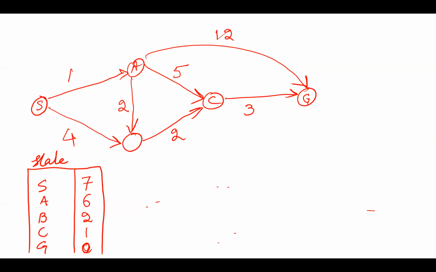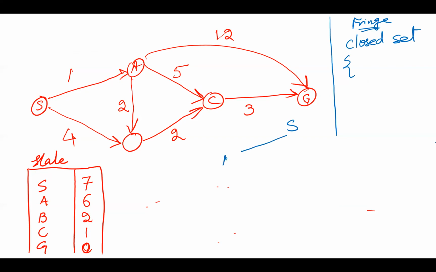So let's start. Let me change the color. And let's create a fringe or closed set. So we already have a fringe, and we're going to push and pop, and then we have the closed set. So we start with S. From S, we can go to A, or we can go to B. So we put S in the closed set.